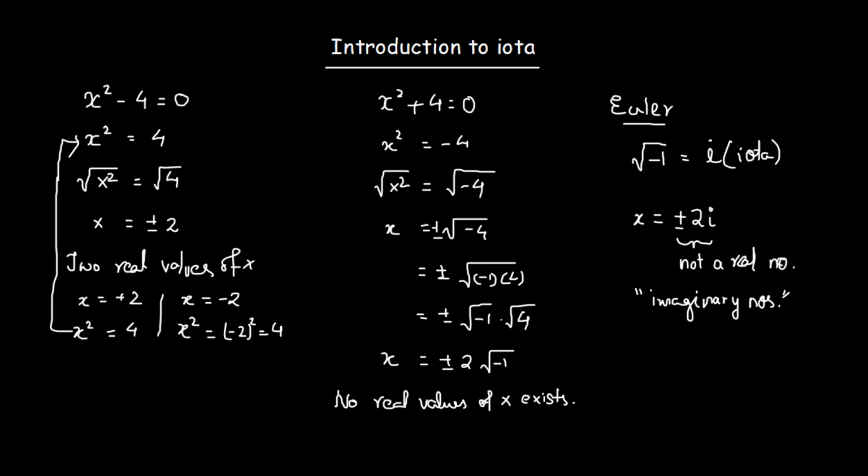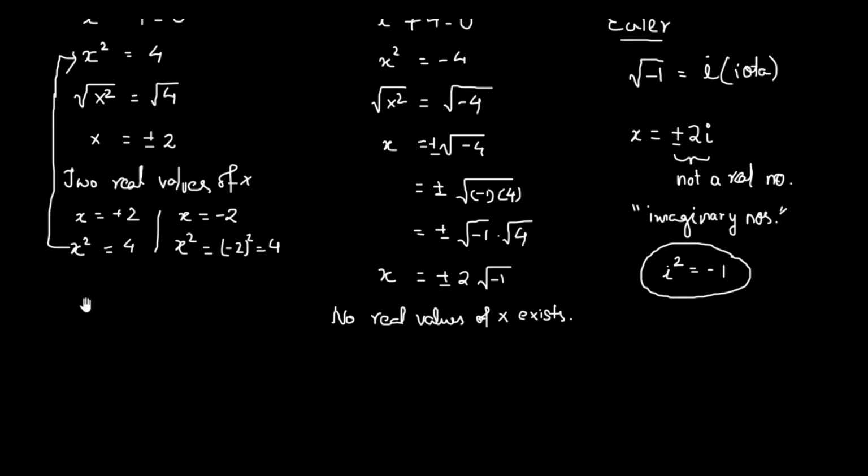So for the time being, we stick to the definition that i is defined as the square root of negative 1, such that when we square both sides, we get i squared is equal to negative 1. So this is the value that we are going to use for the time being and do some numericals based on this problem. Now let us work on some problems based around manipulation of numbers using iota values.